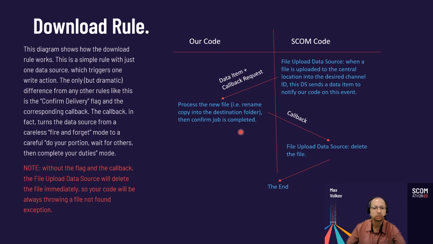But when this job is completed, your code must call the requested callback function, and that call will land in file upload data source again. And this is how we indicate that, hey, we completed with the file, you now can delete it. And the file upload data source will delete the file and then finalize this rule cycle.